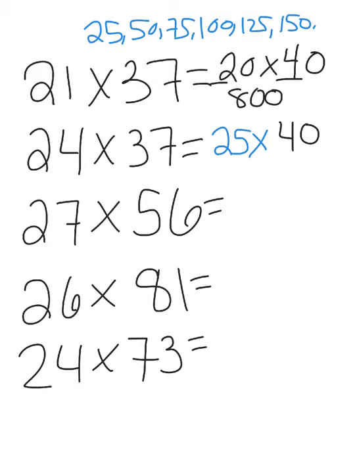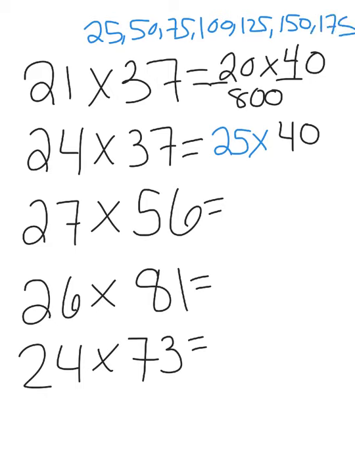We have 25, then 50, then 75, then 100, then 125, 150, 175, and then you're not going to see it, but if we kept going, it would be 200, and then the pattern would just continue. So it would be 225, 250, 275, then 300. So we are going to multiply 25 times 40.